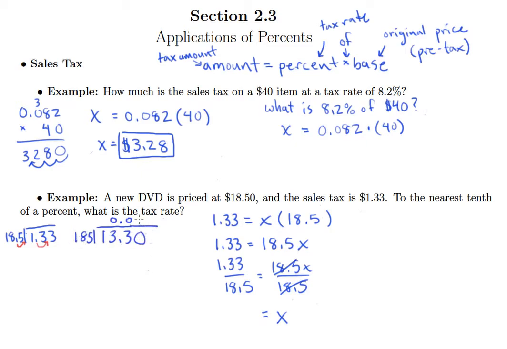So we add a 0. 185 goes into 1,330 about 7 times. 7 times 5 is 35. 7 times 8 is 56, plus 3 is 59, and 7 times 1 plus 5 is 12. We need a little subtraction there, and we're going to need to do some borrowing.